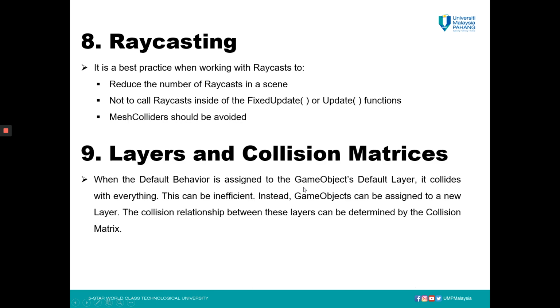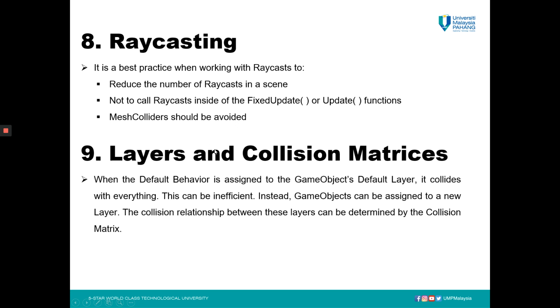So that is the example of the ray casting code. And it is best practice when working with raycast to reduce the number of raycasts in a scene, not to call raycast inside of the fixed update or update function, and to avoid the mesh collider.